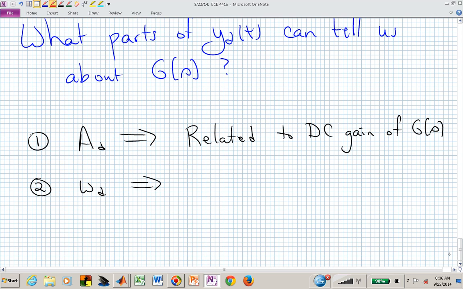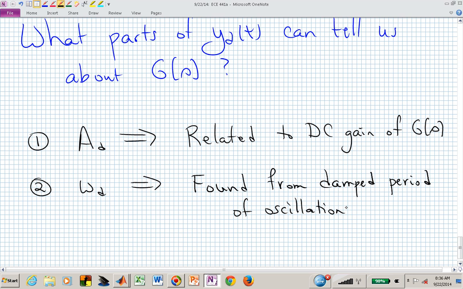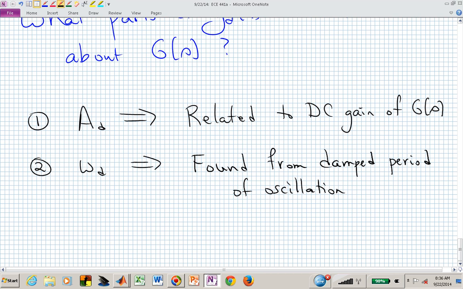Meaning, if somebody now gives us omega sub d, how do we find that? That's actually found from the damped period of oscillation, and omega sub d, we will show, is related to the peak time.